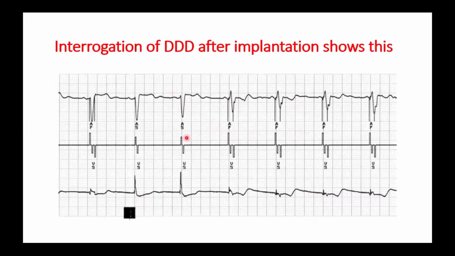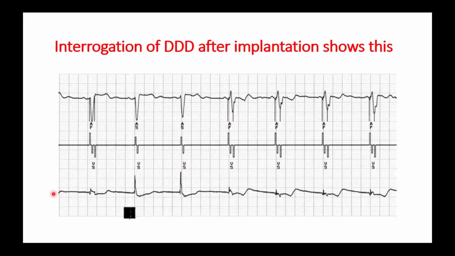This is a more difficult interrogation. This is a patient who had a dual chamber pacemaker implanted for intermittent heart block. And we could notice here that there are actually two pacing spikes here.